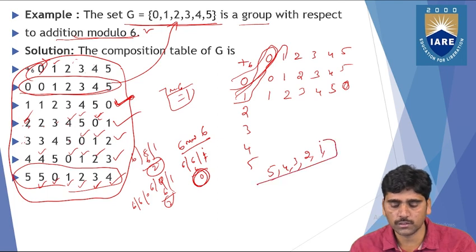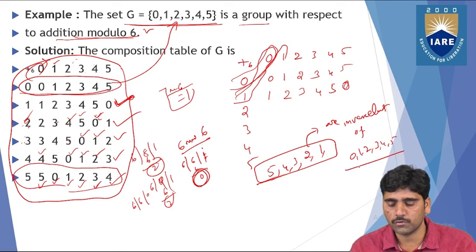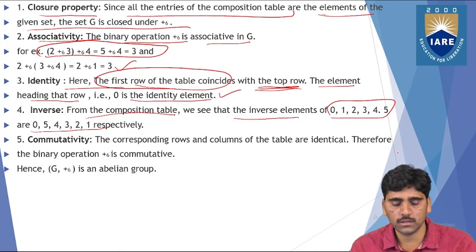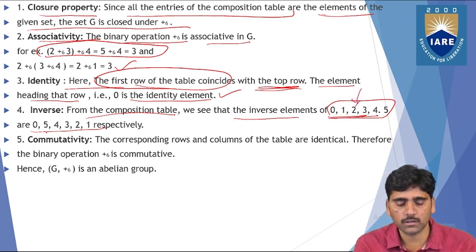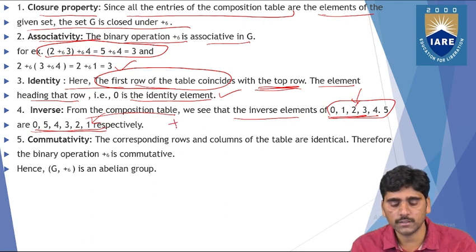So 0, 5, 4, 3, 2, 1 are the inverse elements of 0, 1, 2, 3, 4, 5 with respect to the addition operation.